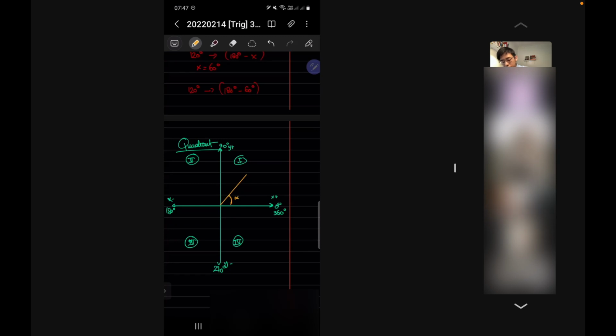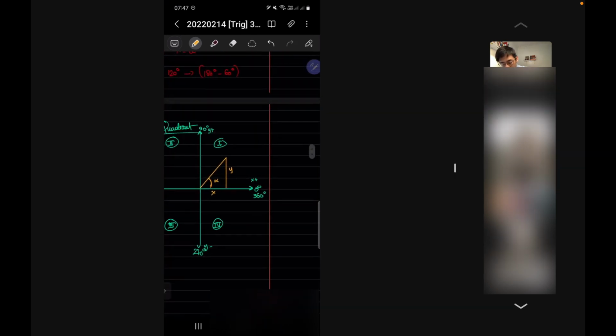Alpha of course has an x and a y. In this case, both x and y are positive, right? So sin alpha is y divided by r, where r is the hypotenuse, and both of them are positive, so sin alpha is positive.